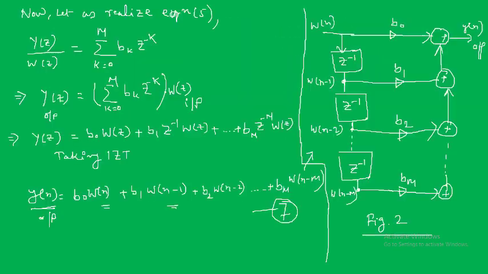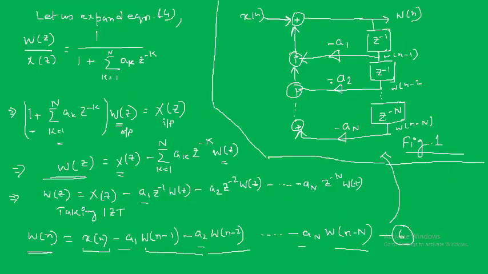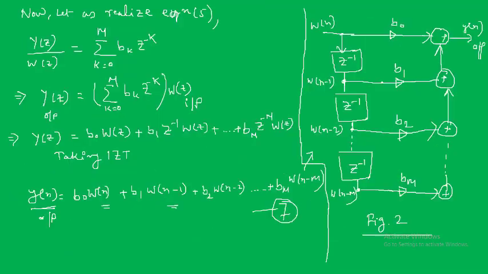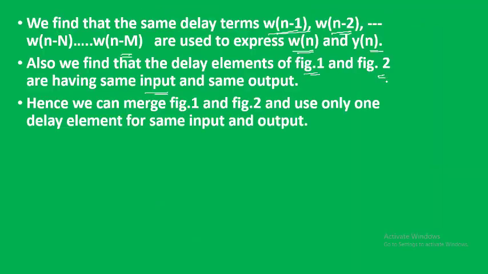This delay element z inverse has input w of n and output w of n minus 1, and in figure 1 also the first delay element has input w of n and output w of n minus 1, and so on. So if the delay elements have the same input and same output, we can easily merge figure 1 and figure 2 using only one delay element. We need not use two different delay elements.